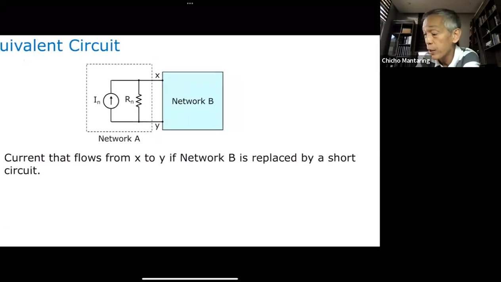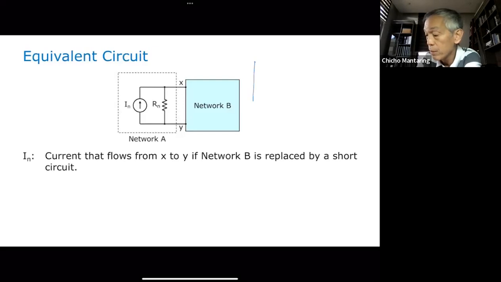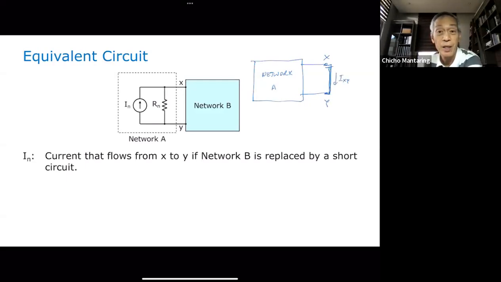So again, we start with network A. This is network A. This is X and Y. I replace network B with a short circuit, and I compute for this current I_XY, the current that will flow through my short circuit.